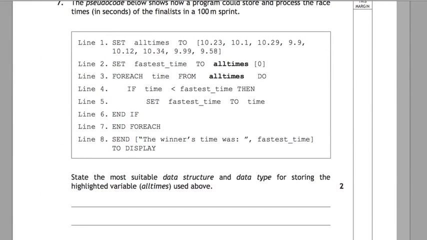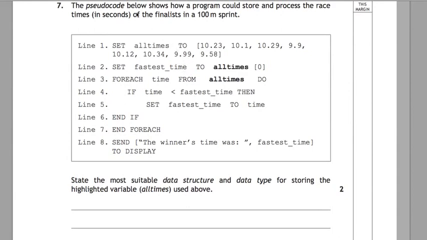Now, question 7. What we've got here is pseudocode, which shows you a program that stores and processes race times in seconds for the 100 metre sprint. Nice, that's your 100 metres. Hopefully you'll be looking at this and thinking, well, we're holding the same type of data.